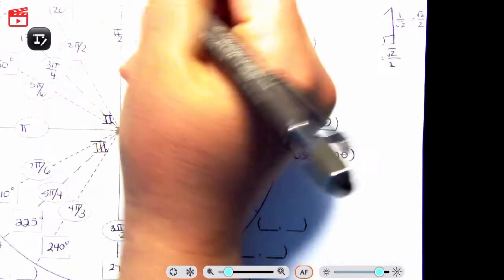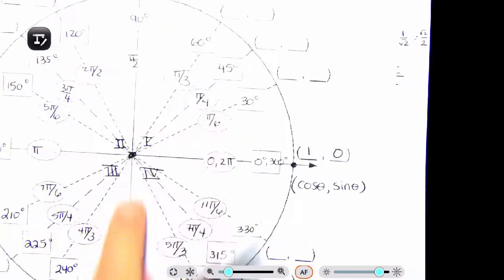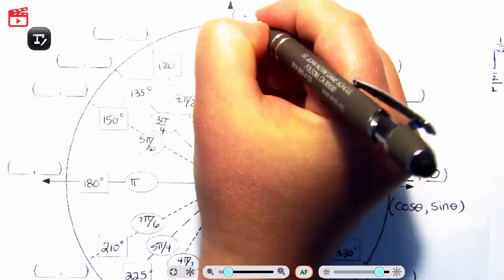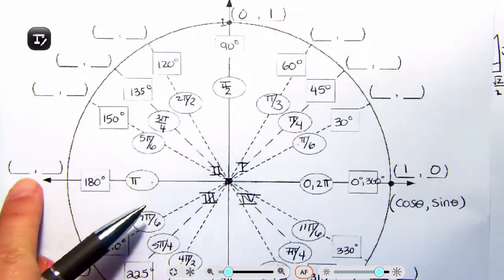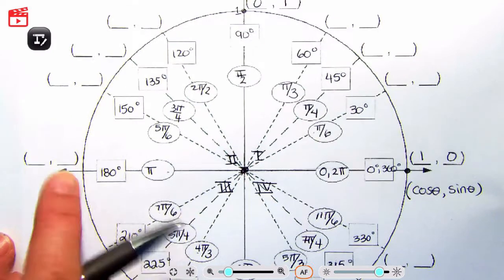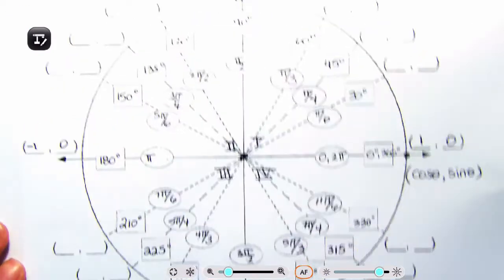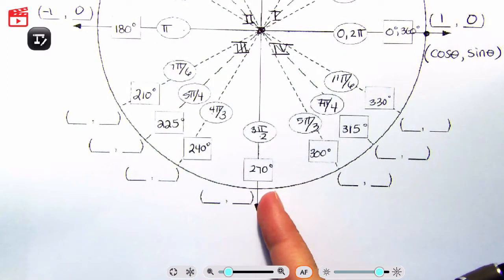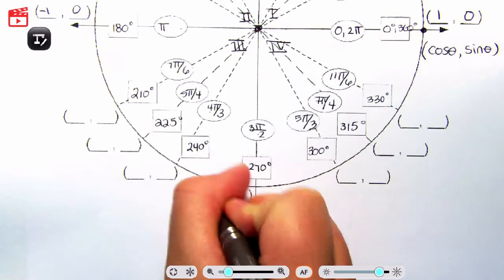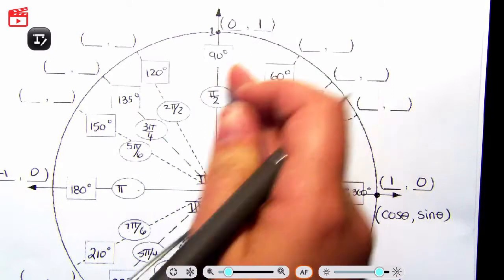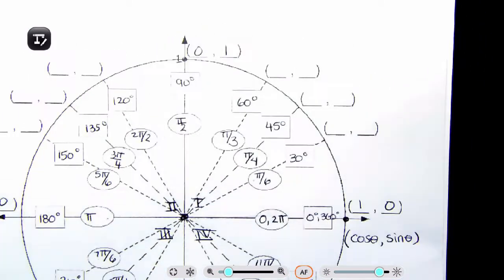Now I have a point on my y-axis, and this point right here is at 1, so that means I have 0, 1. Here, similar, it's on the x-axis, however, it's on the negative side. So I have -1, 0. And here, down below, it's going to be on the y-axis, but the negative side. So I have 0, -1. Remember how I said if you know the unit circle for quadrant 1, then you know all of it. So this is where that comes into play.